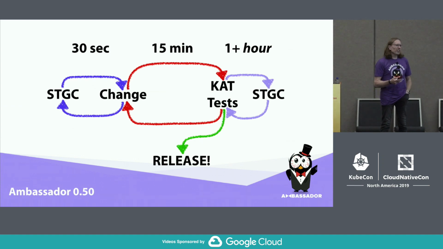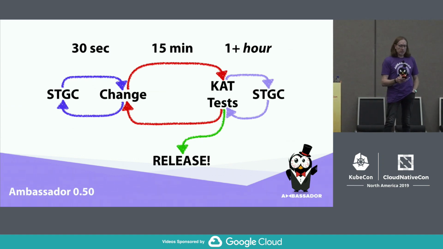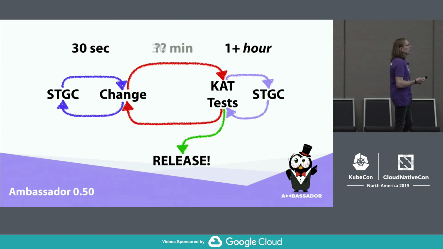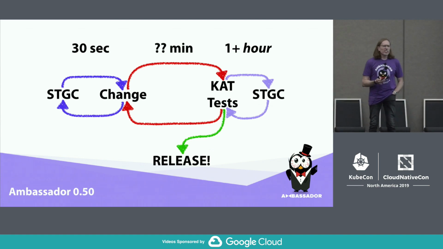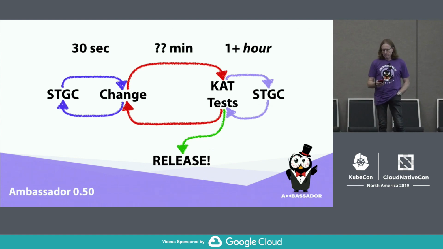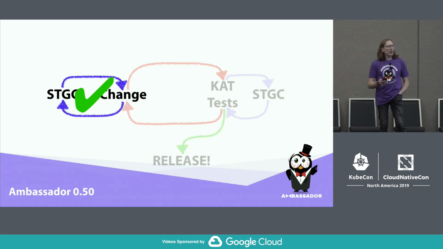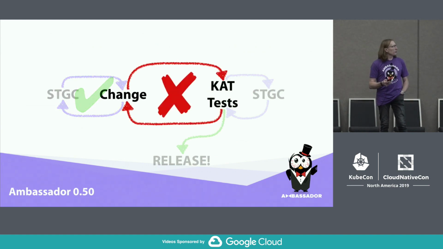And we found out also that there was this nasty situation where as we added more features to Ambassador and we added more end-to-end tests, things got slower running through that loop until eventually we got to a point where they really didn't run reliably at all. And that put us in a very unpleasant situation where we could make changes, but we couldn't actually test them, which meant we couldn't release them.